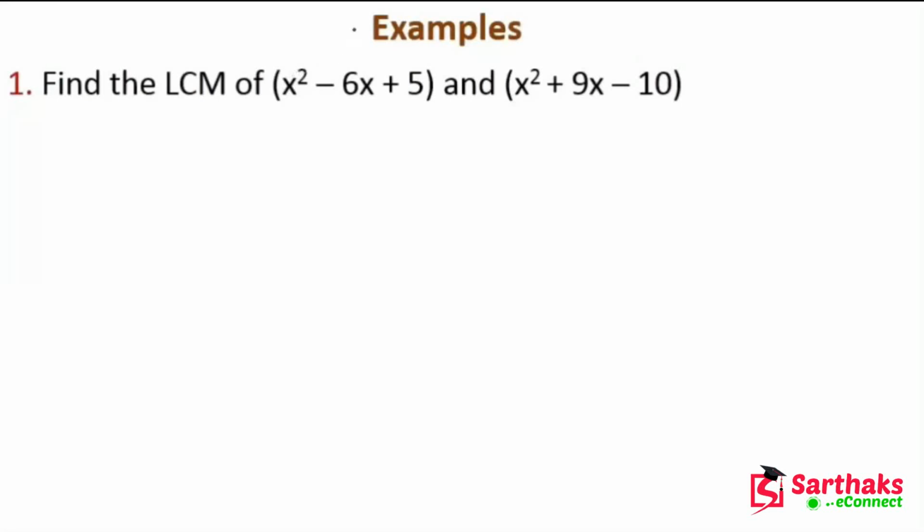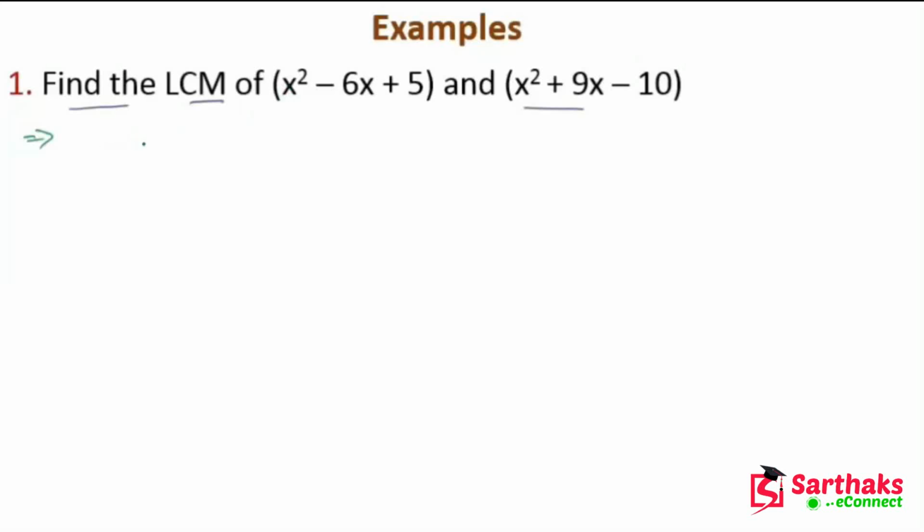So the first question is, find the LCM of x square minus 6x plus 5 and x square plus 9x minus 10. Okay, my dear friends. For finding the LCM, first of all we have to find their factors.